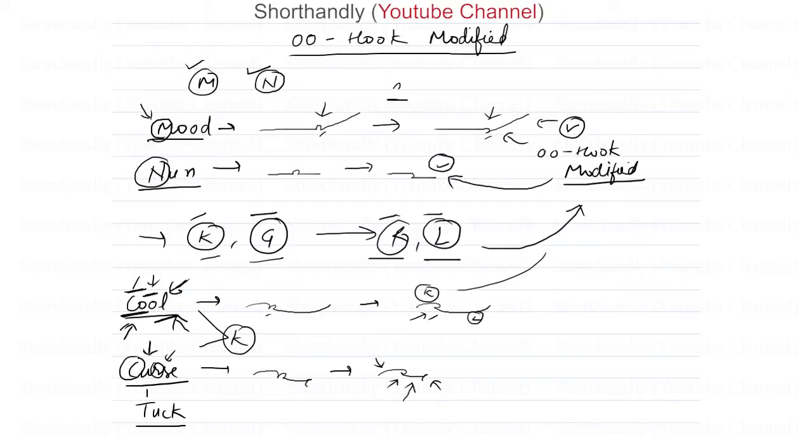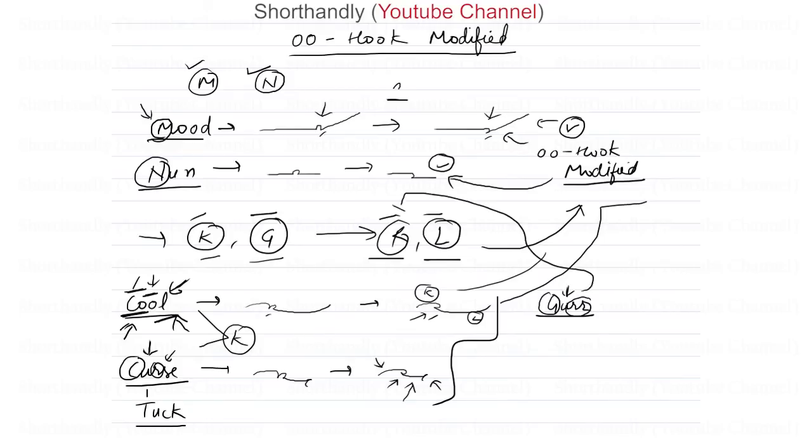Now we're going to take words which have gay. Suppose we have a word called gur. So again we have this gay now, and we have again a vowel as in tuck. So we're going to be using the hook without any dash or dot, and then we have this R here. So here we're going to be using the hook modified here also.